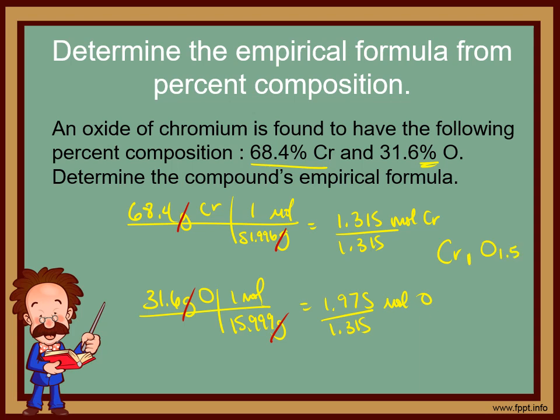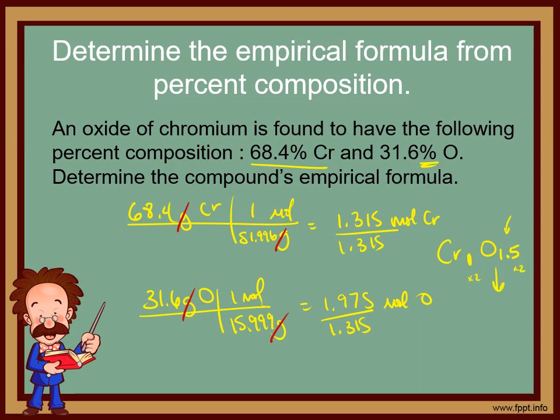So I have an empirical formula, Cr1O1.5, which is not quite a whole number ratio because I've still got this decimal. So how do I get rid of a 0.5? What can I do to scale up to get rid of 0.5? We can multiply both sides by 2.